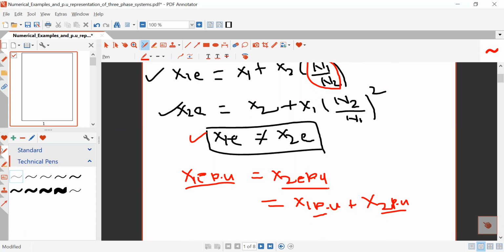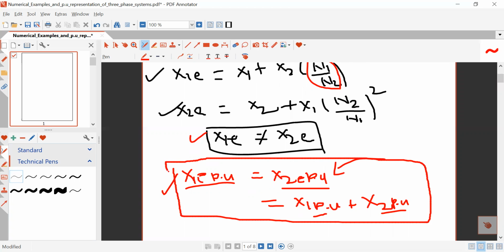This is one advantage, and the second advantage is that if you know the total reactance referred to the primary side, there is no need to calculate it on the secondary side, because these two values will be equal. These are the two advantages, and that is why it is always recommended to use the per unit system when you analyze a transformer system. It is advantageous to represent the reactance in per unit.